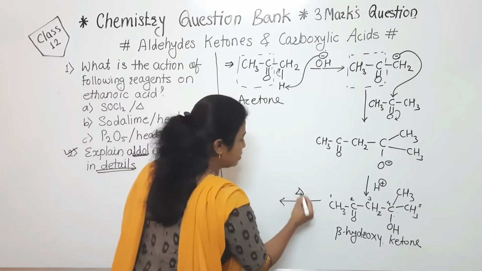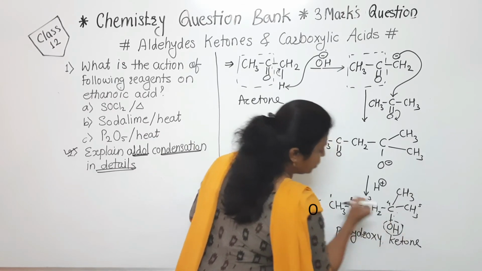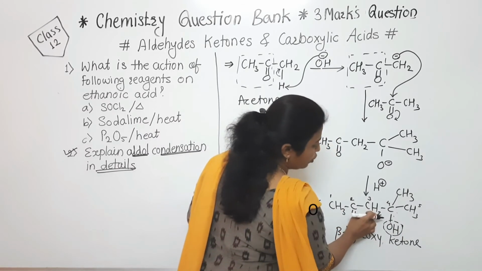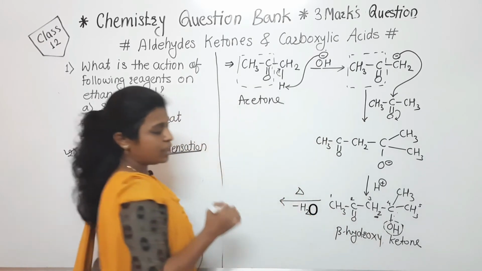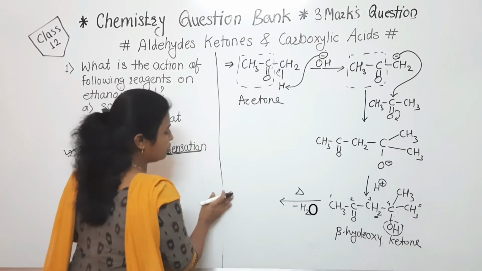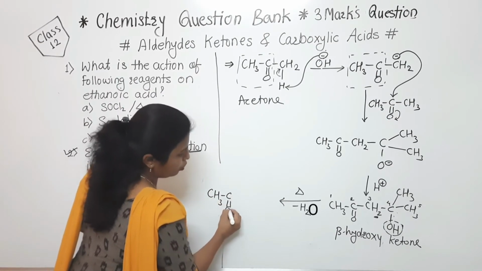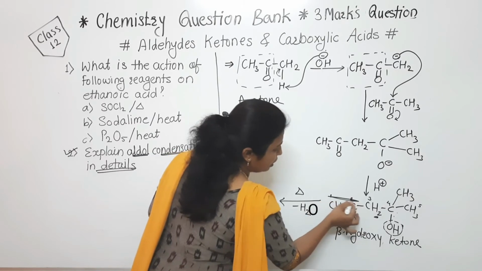And finally, when it undergoes condensation, on heating, there is a removal of the water molecule, so the OH from the beta carbon and hydrogen from the alpha carbon undergo condensation, means they will get removed and we will get the product. That product is CH3 C double bond O. See, this part will be as it is.